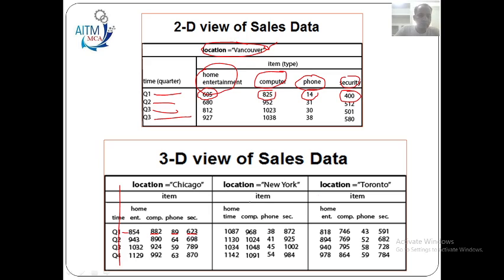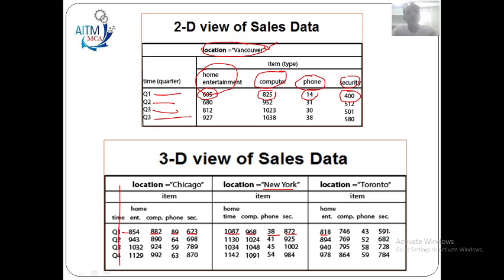Again, for the same items, the city is New York. For that, home entertainment in the first quarter is 1087, then 968, 38, and 870. Then for Toronto, again the same thing. Got it? So this is the data.